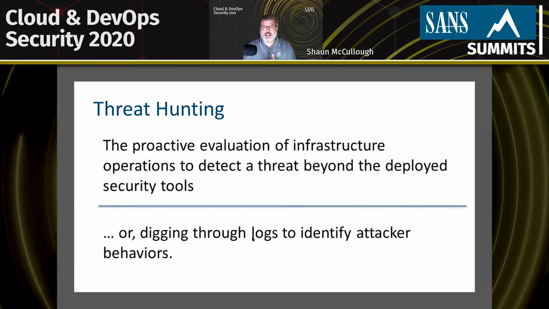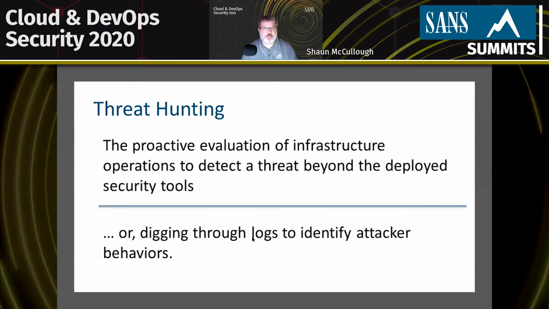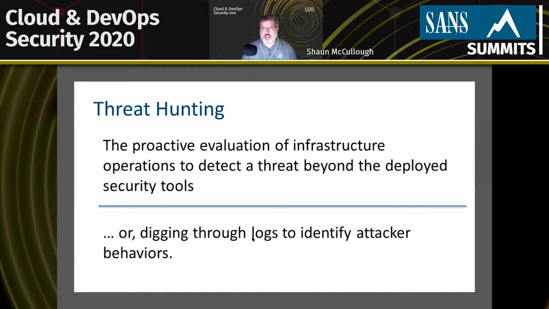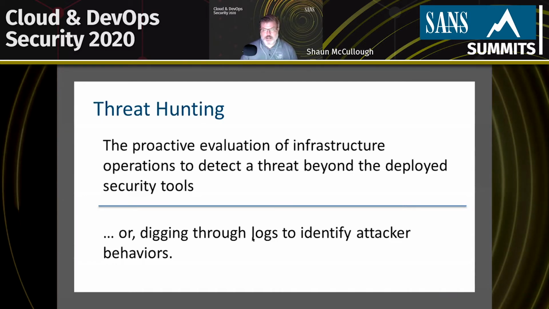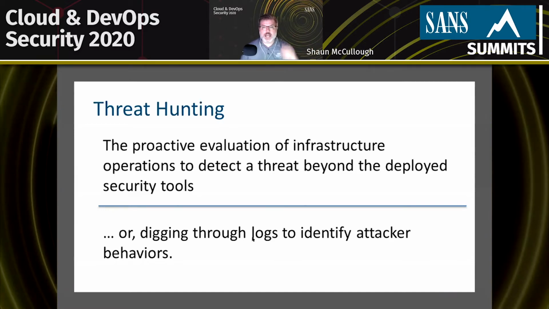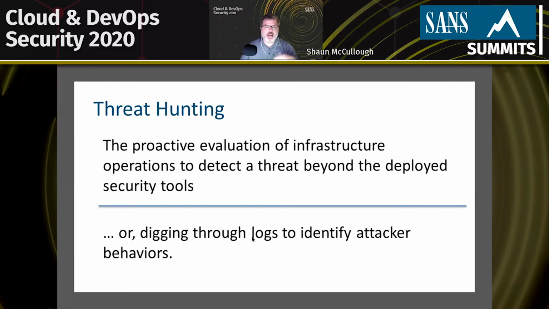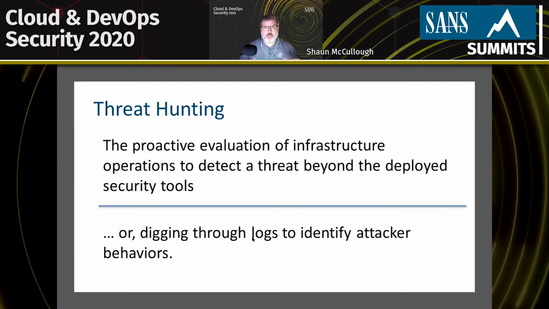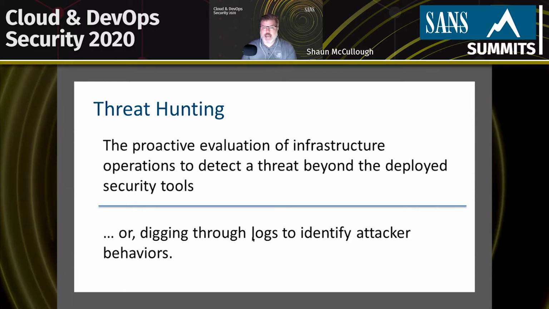First of all, I've got to talk about what threat hunting is. A very official definition is a proactive evaluation of the infrastructure, which means if you've got a security product that is monitoring and says there's a piece of malware, you should go look at it. That's awesome, we have to do that, but I don't consider that part of hunting. It's really saying, where do my security products end, and where can the attacker still get in?